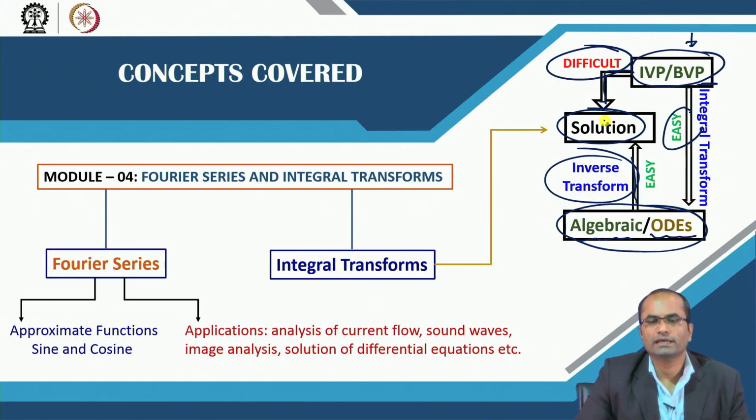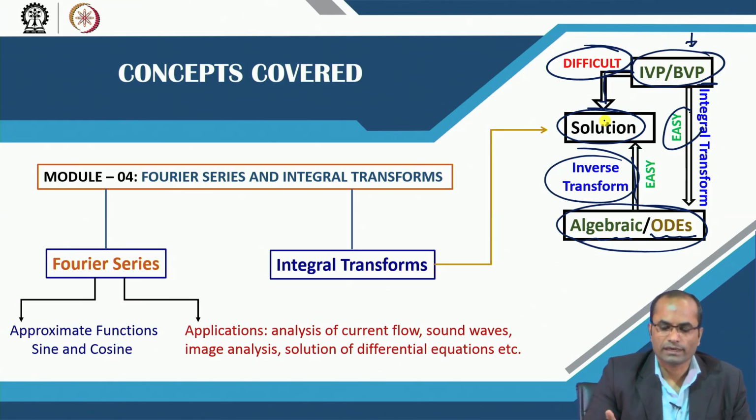This is a technique which will be demonstrated in our lectures to get the solution of differential equations using integral transforms. Directly, those solutions would be very difficult, but with the help of integral transforms they become very easy.